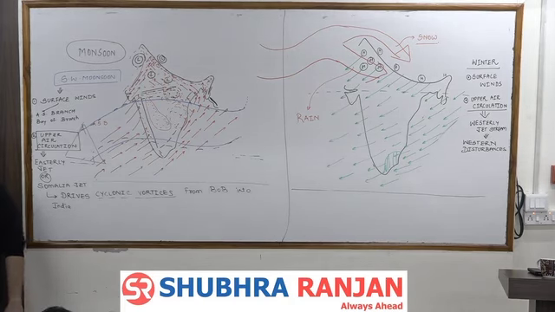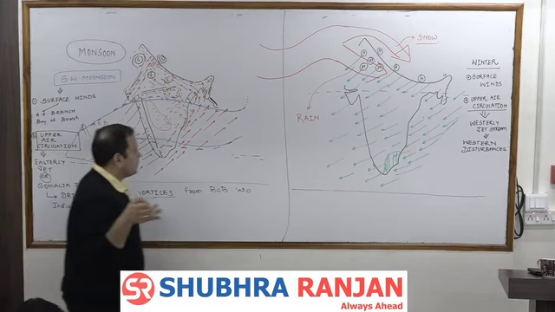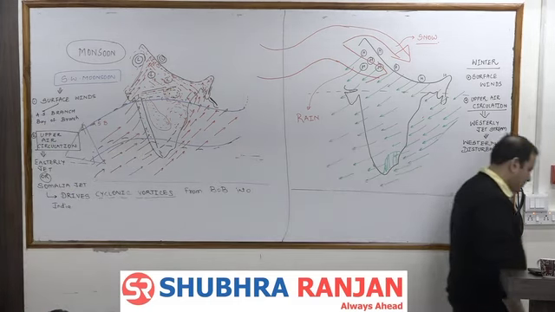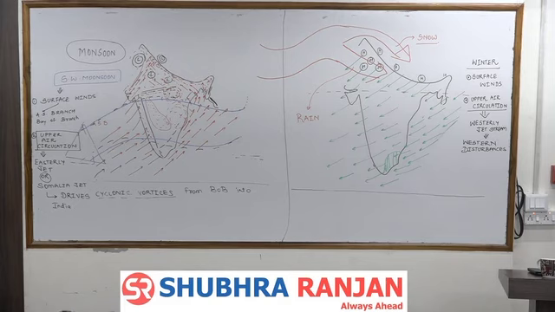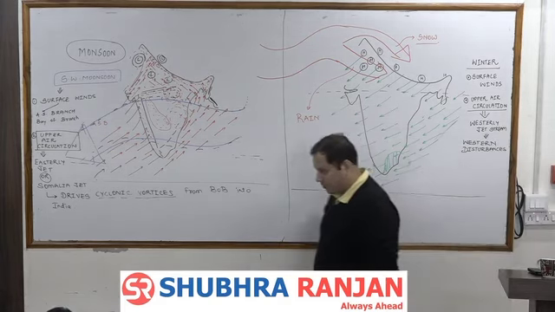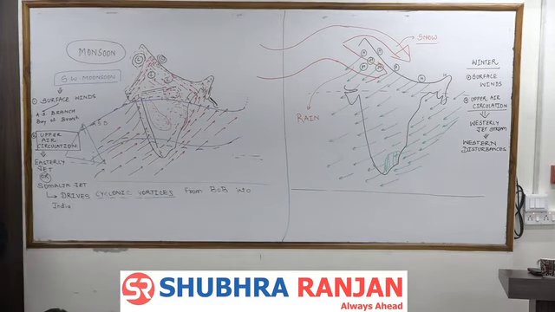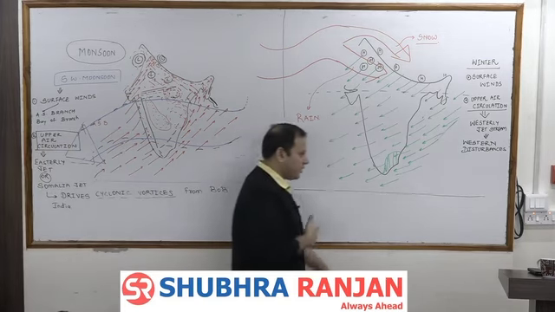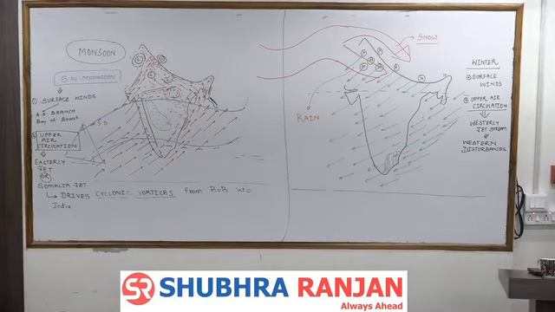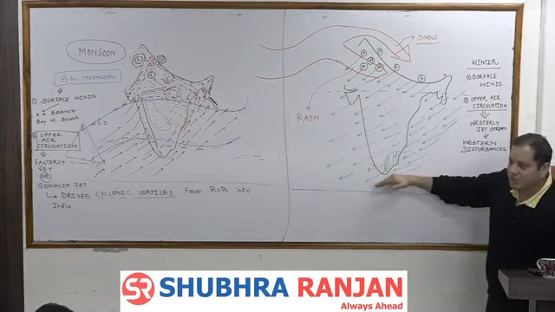Next point, very superficially, during the summer season, that is from March to May, India experiences gradual heating from peninsula to the north.